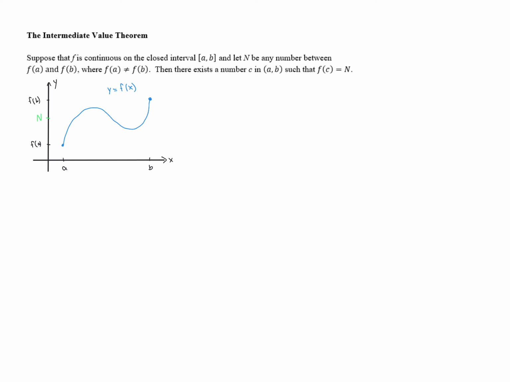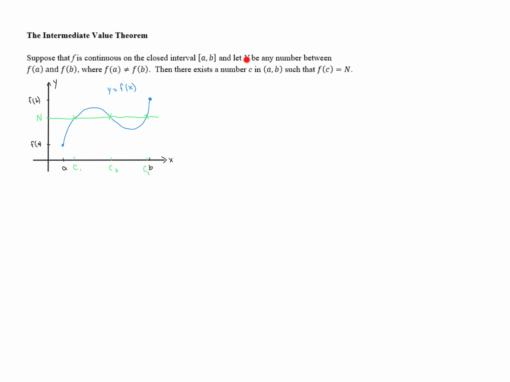And in fact, if we draw a horizontal line at N, for this particular value of N, we can see that there are three different places where the function has a value there. So we could even call these c1, c2, and c3.